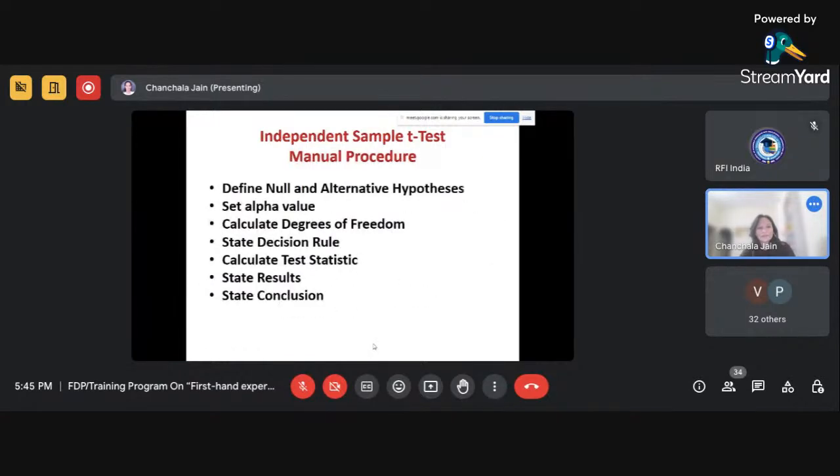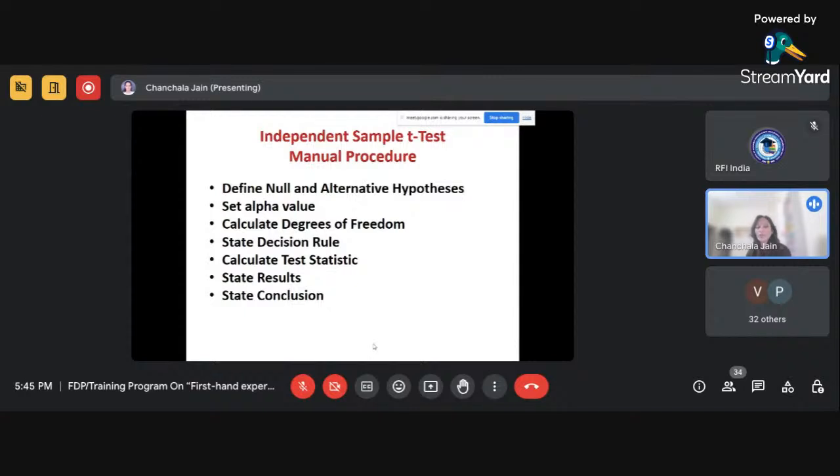Moving ahead, talking about the steps for the manual procedure. Yesterday I said this is a manual procedure, but usually when we are using software also, we are following almost the same procedure as in the manual cases, right? So firstly we need to define our null and alternative hypothesis. We need to set the level of significance, that is the alpha value.